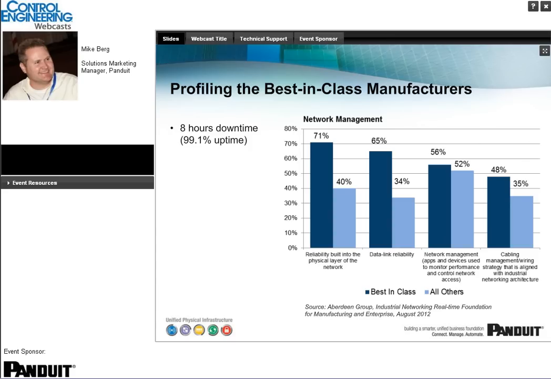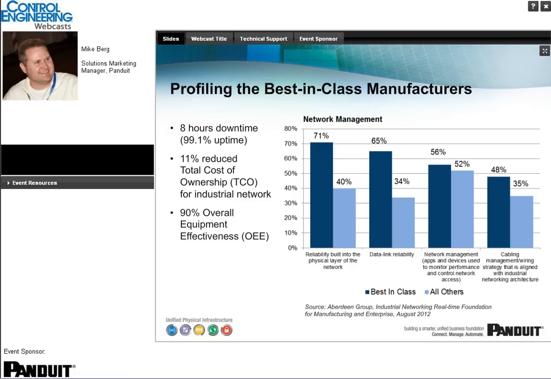So what I also wanted to show you here as well is the criteria that they're using to define best in class. And this is some pretty impressive numbers here. So they've got your best in class is defined as 8 hours of downtime, so 99.1% uptime, 11% reduced total cost of ownership, a 90% OEE rating, and then a positive 25% operating margin contribution.